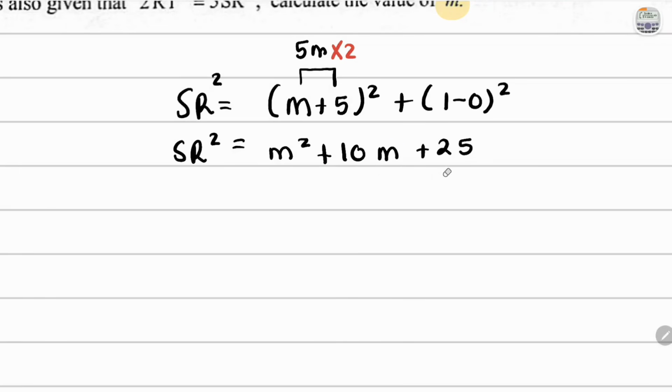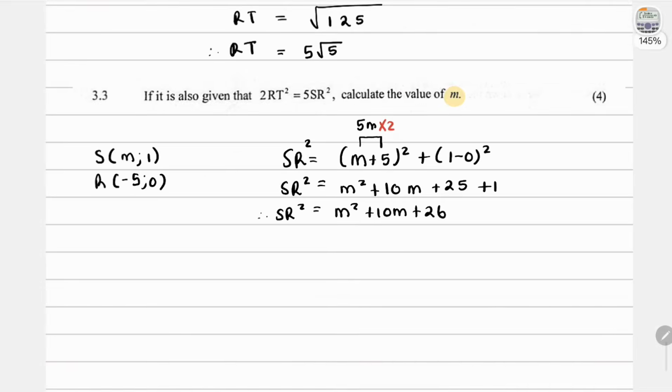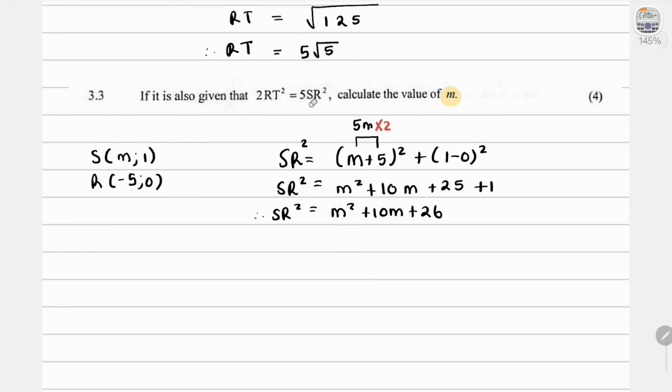Okay, so there it's expanded. And then you still have the plus 1 all squared here, which is just 1. Okay, so it means that SR squared is equal to m squared plus 10m plus 26. Okay, now let's go ahead and use the equation they asked for. So the equation is 2RT squared is equal to 5SR squared.